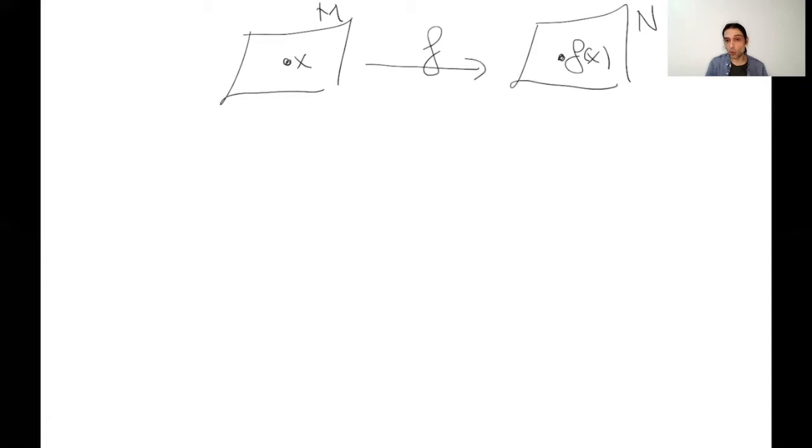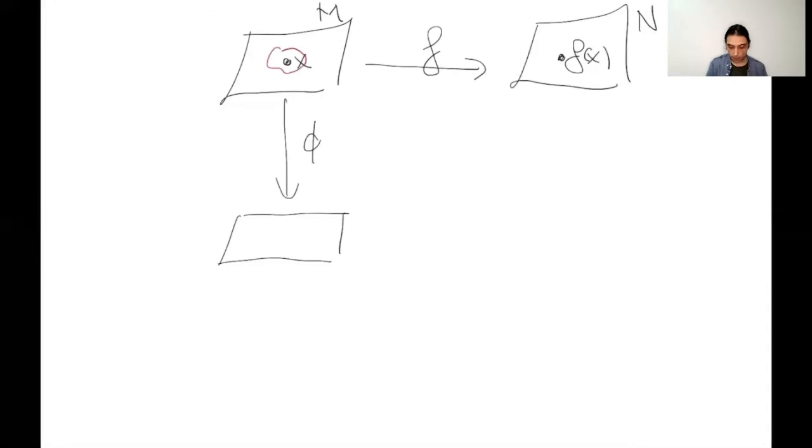And that's going to be a situation in which we're going to be able to apply the usual inverse function theorem. Let's see how. We consider a local chart for the first manifold defined in a neighborhood of the point x. Let's call this local chart, for instance, phi.